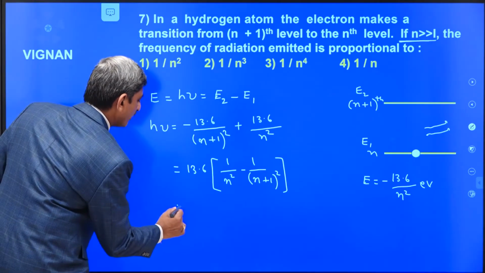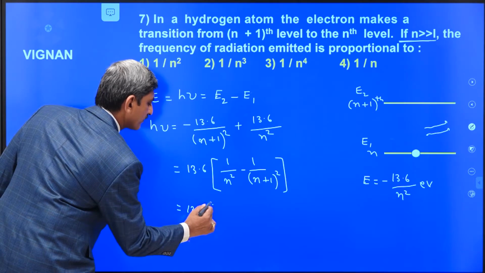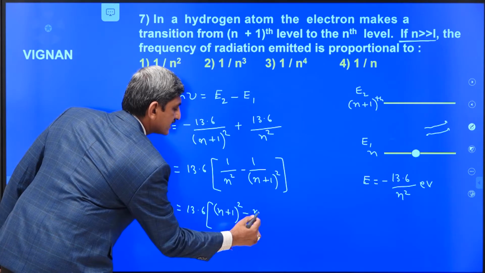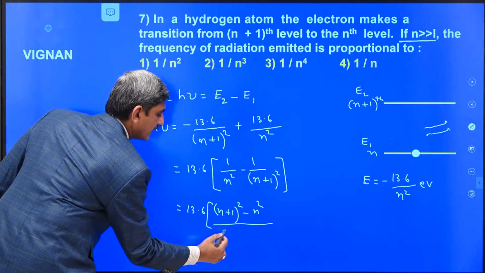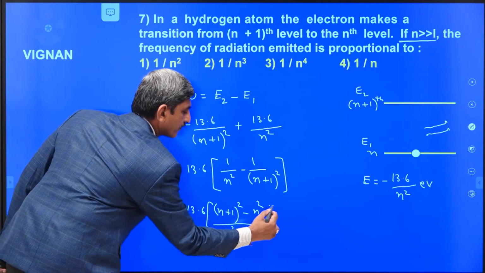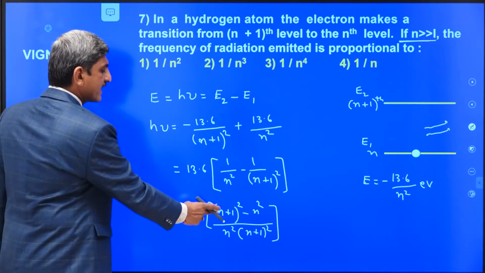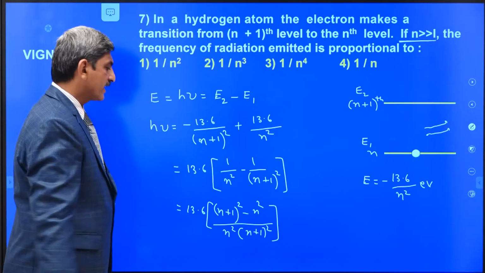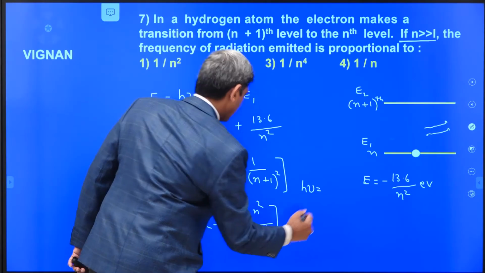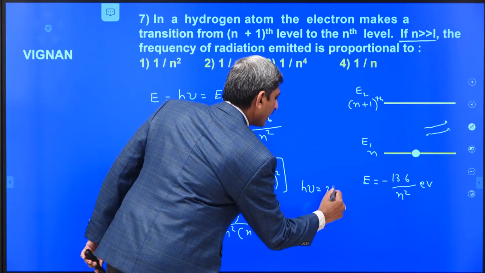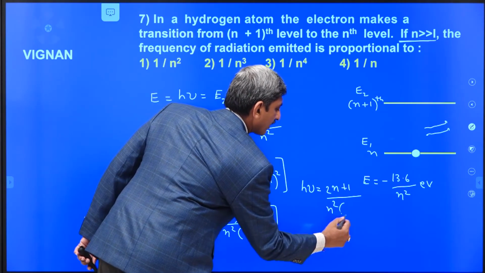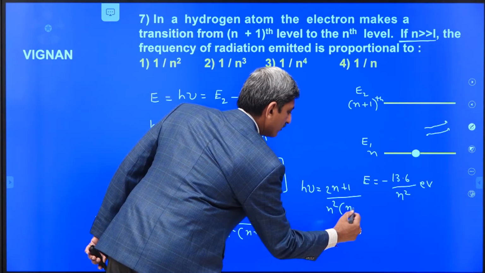Now by taking LCM we have 13.6 times ((n plus 1) square minus n square) divided by n square into (n plus 1) square. So by expanding this (n plus 1) whole square and simplifying, we get h nu is equal to 13.6 times (2n plus 1) divided by n square into (n plus 1) whole square.